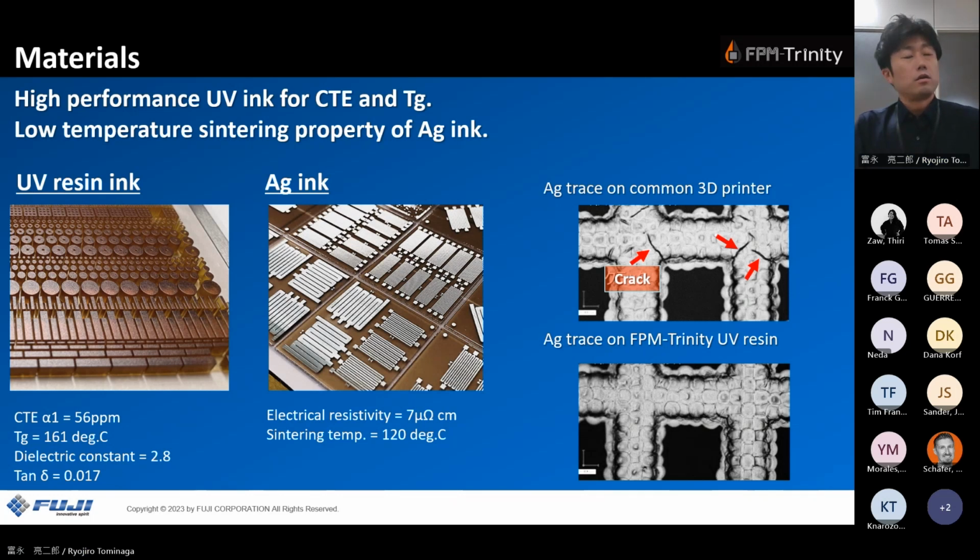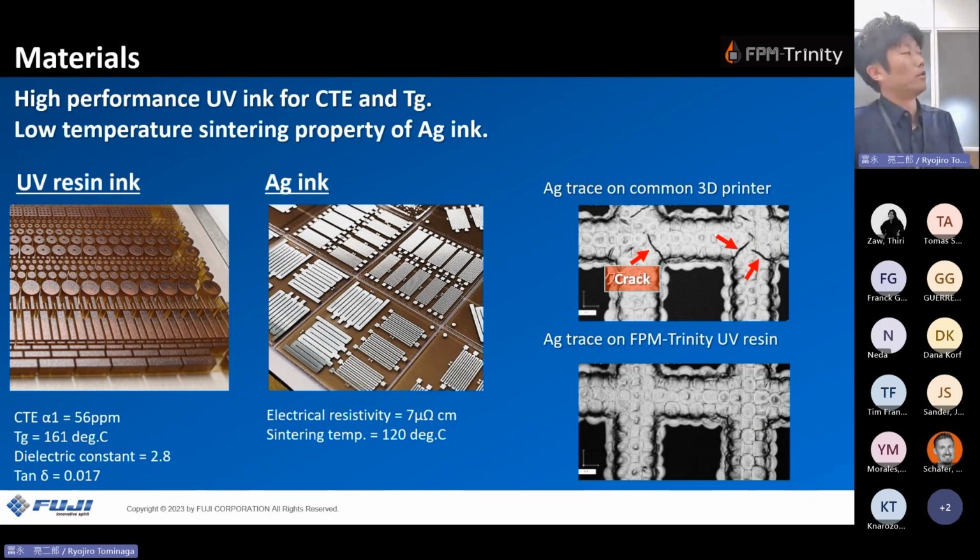Our right side picture shows a comparison between our resin and the common resin, which can be used in a common 3D printer. If we print the silver trace on the common 3D printer resin, because of the swelling of the resin at high temperature, many cracks happen. But our resin, which has low CTE and high Tg properties, no crack happens. So material selection and consideration for temperature is very important.